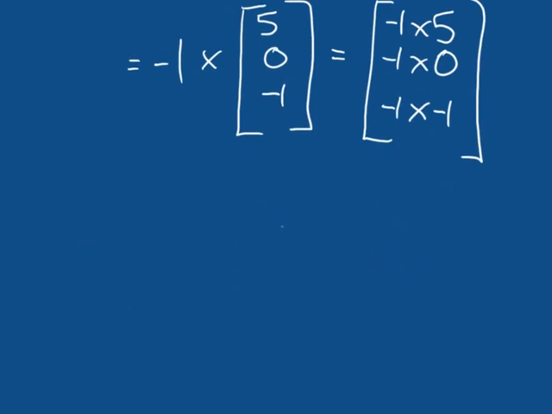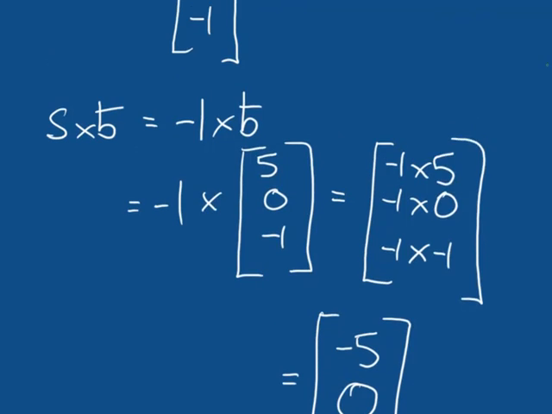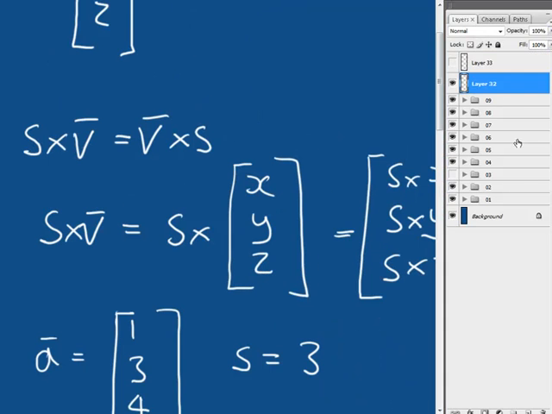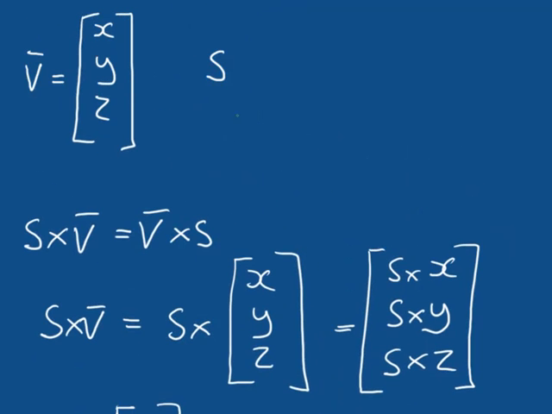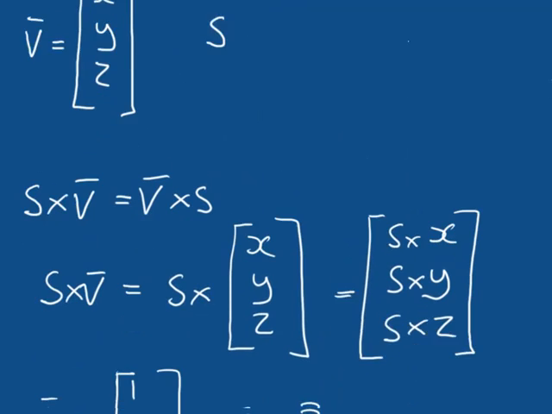Therefore, our resultant vector is going to be -1 times 5 is -5, -1 times 0 is 0, and -1 times -1 is +1. So the result we were looking for is -5 in X, 0 in Y, and 1 in Z. So just to recap, again, we're dealing with multiplying a 3D vector by a scalar value, and once again, there's nothing more complicated here than what we saw in the 2D case.